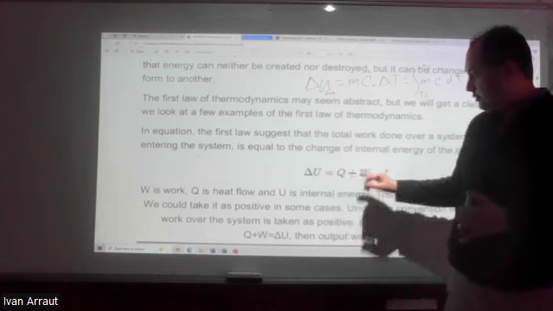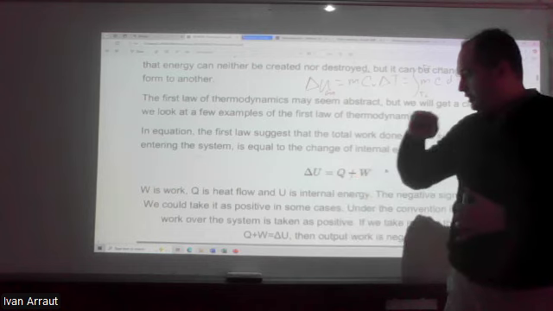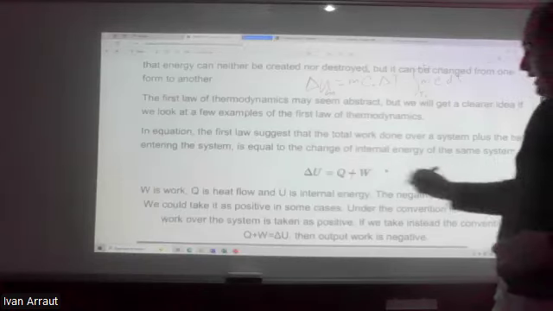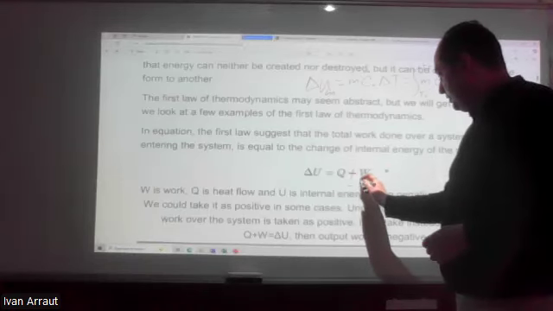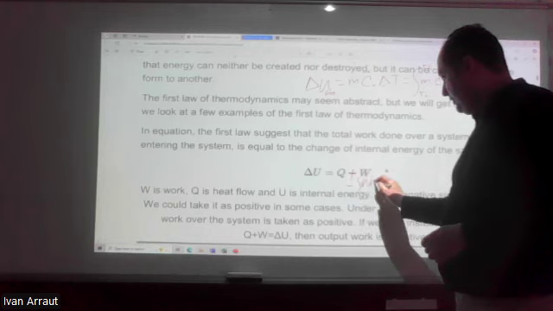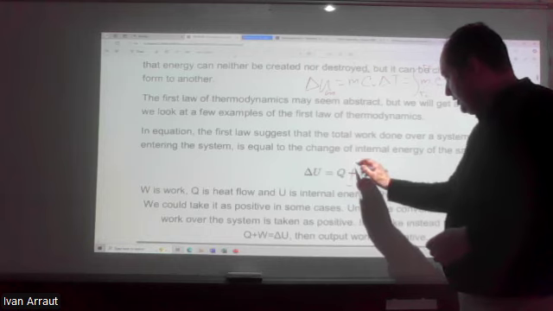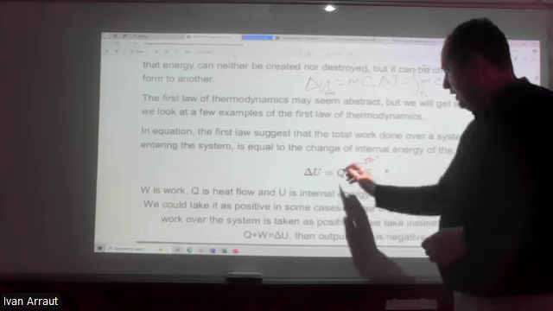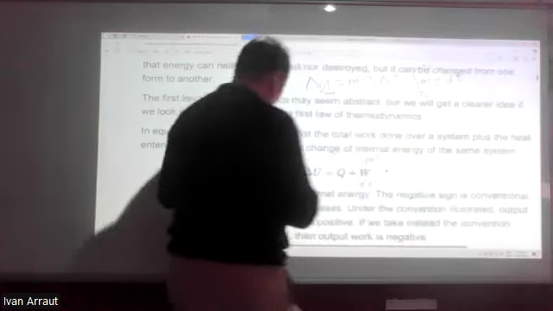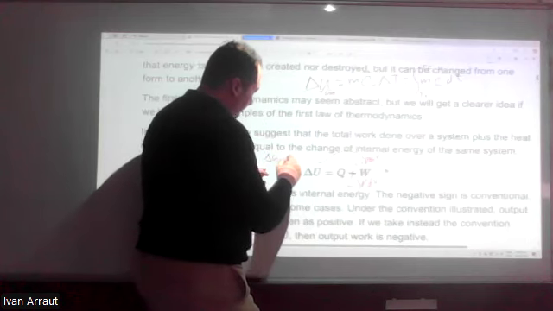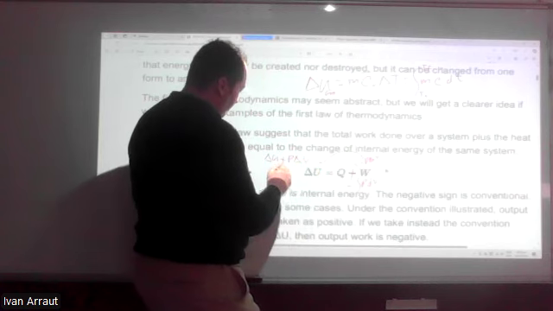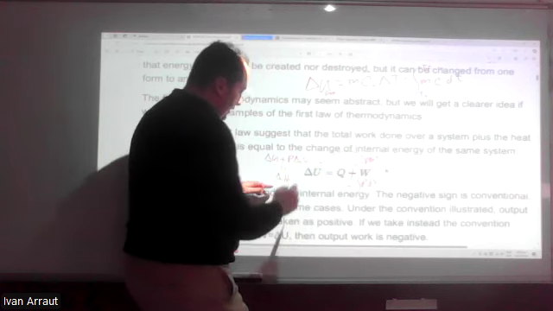So the sum of these contributions, heat and work, is equal to the change of internal energy. In the expansion of gas, the work is minus integral P dV, or on average minus P times the change of volume. If you move this to the left-hand side, it becomes delta U plus P delta V, and this is what we call the change of enthalpy.